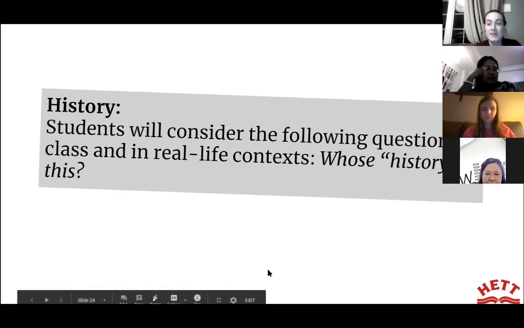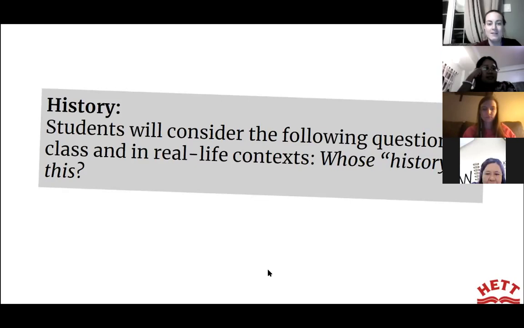Okay, 3, 2, 1. Yes, I would say this is a strong goal. It's quite broad, but it's quite in depth. It would take a lot of critical thinking, higher order thinking skills, but it's broad enough for a whole course.